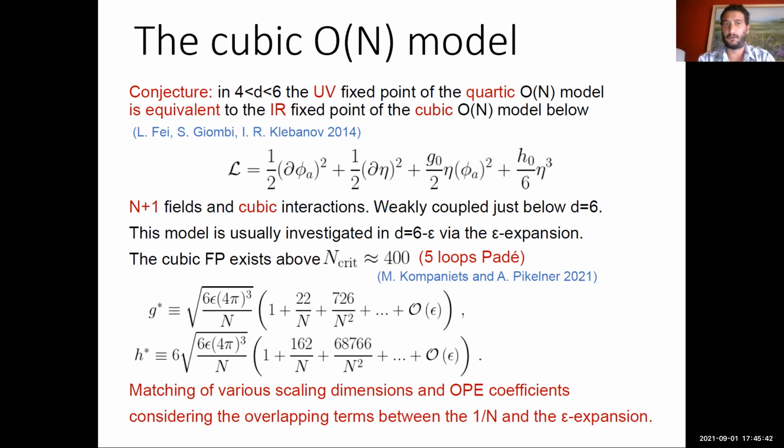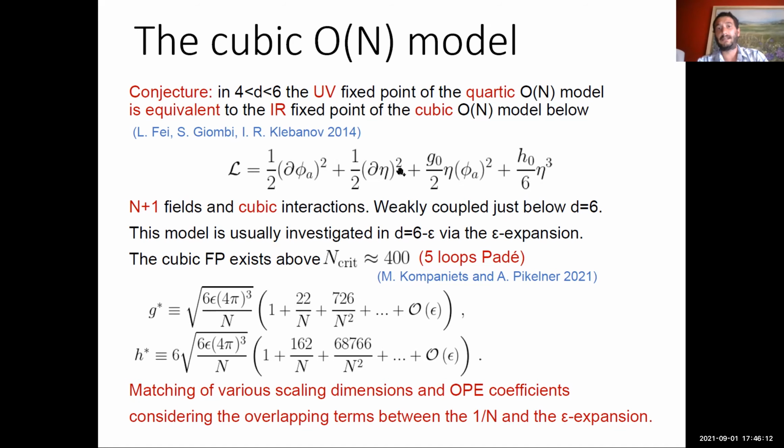This conjecture, this postulated equivalence between the two fixed points, is also interesting because this last theory is weakly coupled just below 6 dimensions, so it can be studied, for instance, in d equals 6 minus epsilon using the epsilon expansion. And we have access in this way to a weakly coupled description of what would otherwise be a strongly coupled theory.